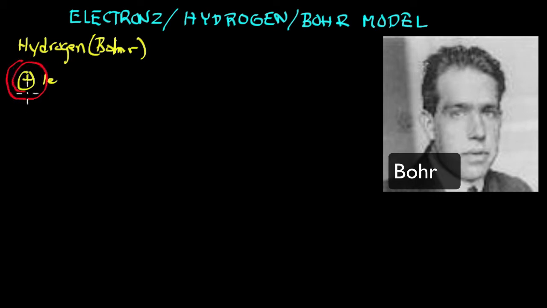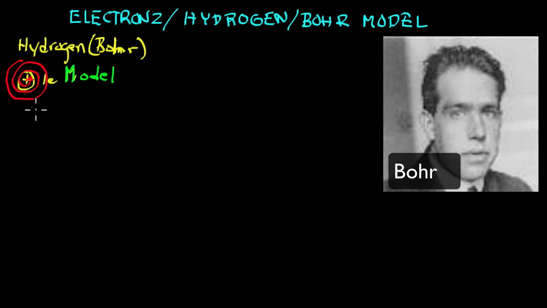It would give off energy, it would slow down, and eventually it would collapse into the nucleus. And that doesn't happen. So he came up with a new model, a revolutionary model of a way of looking at an atom, in the simple atom, hydrogen.